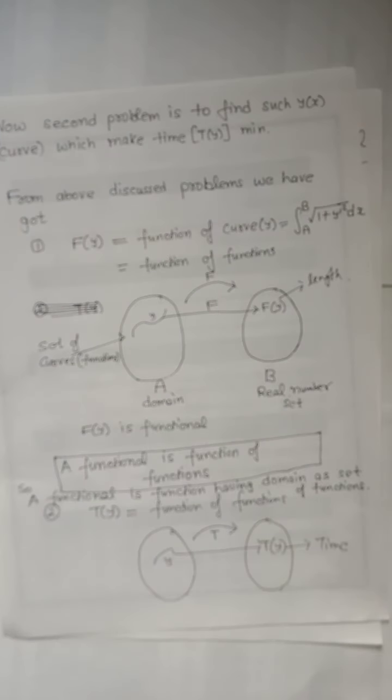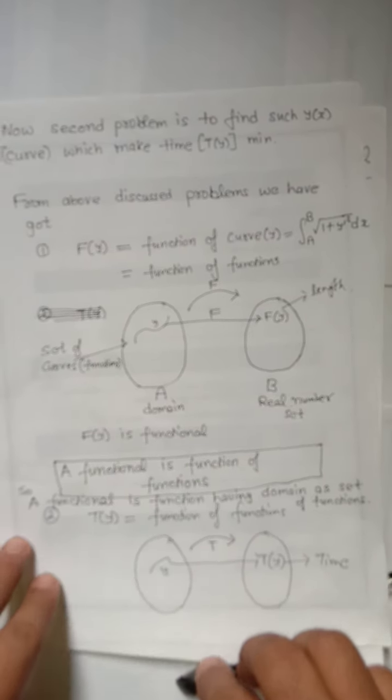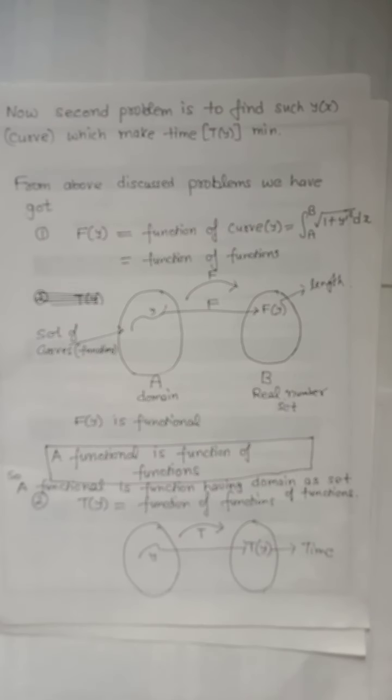This is our Brachistochrone problem, and the answer of this problem is the cycloid. These two problems are very important in calculus of variation. These problems give us an idea about an important topic, the functional.